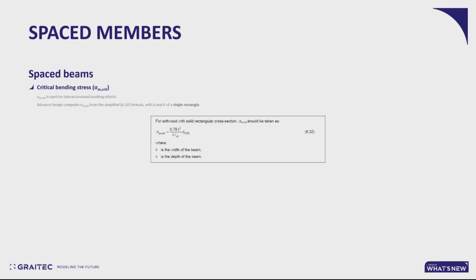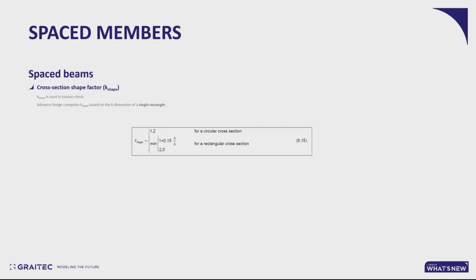Now for the critical bending stress, where we use the alternate 6.32 equation, we are considering again the dimensions of a single rectangle. And then for the K-shape factor, which is used for torsion checks, we are considering a single rectangle.